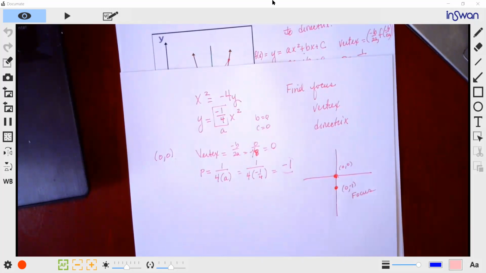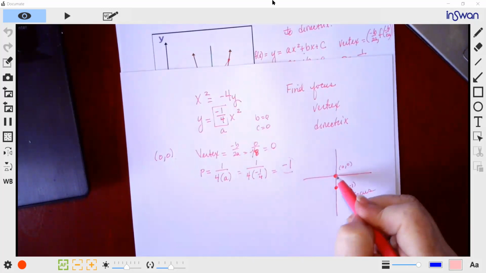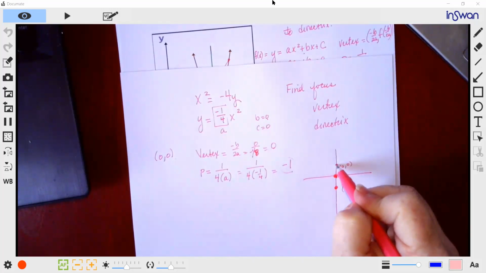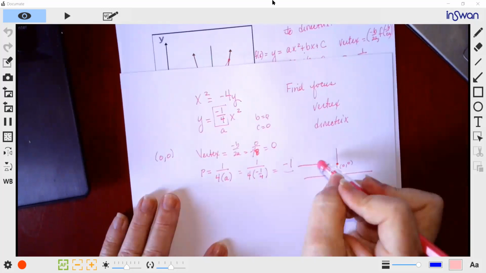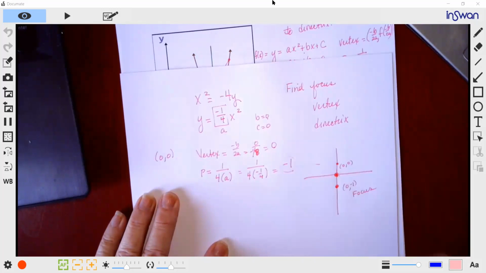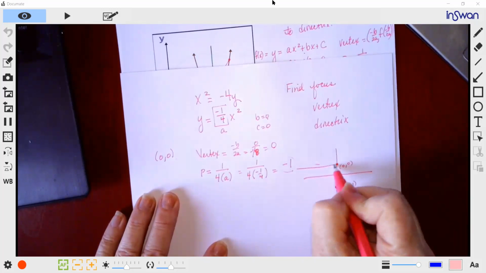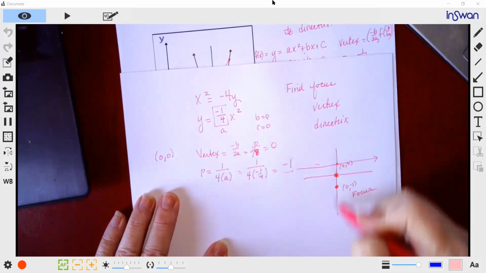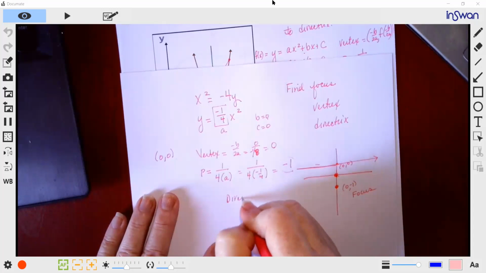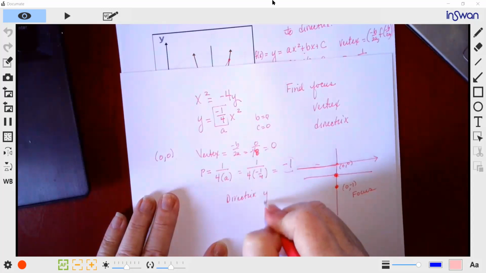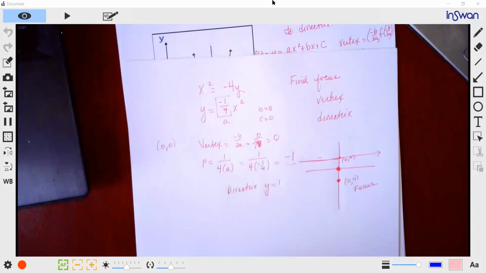Okay. Now, what about the directrix? Well, for the directrix, we're going to start with the vertex and go the opposite direction, 1 unit, and draw a line. Well, I'm going to miss that point, aren't I? We're going to draw a line through that point that is perpendicular to the axis of symmetry. So the directrix here would just be y equals 1.